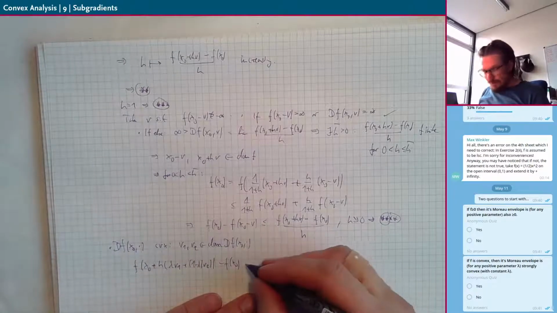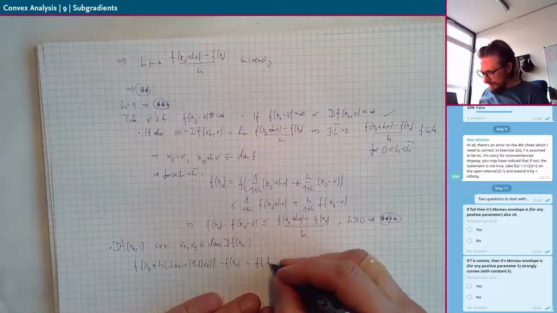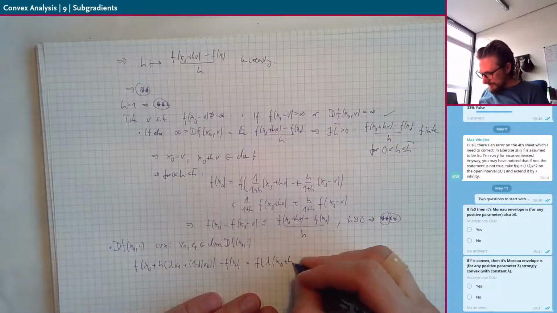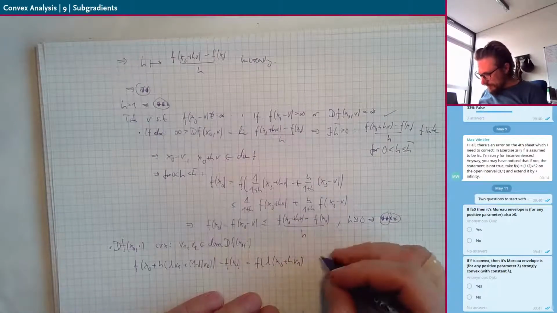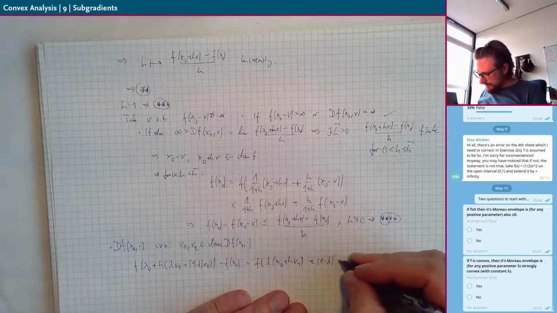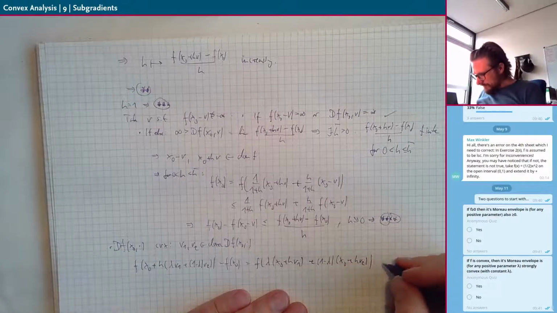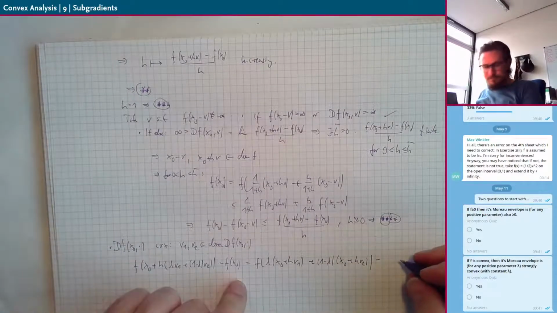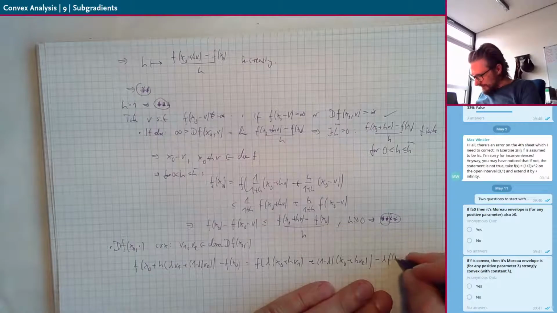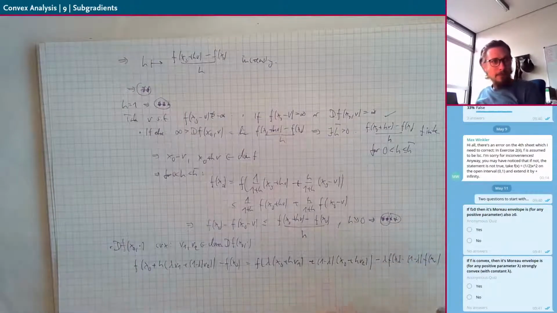So let us write it up. You can write it like f of lambda x0 plus h v1 plus 1 minus lambda x0 plus h v2, and then here you write it as lambda f of x0 minus 1 minus lambda f of x0.